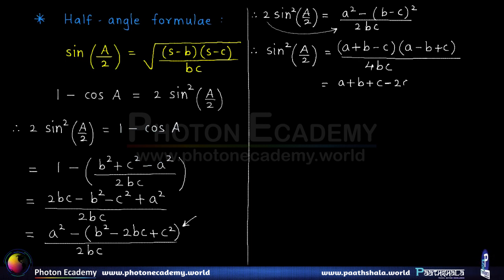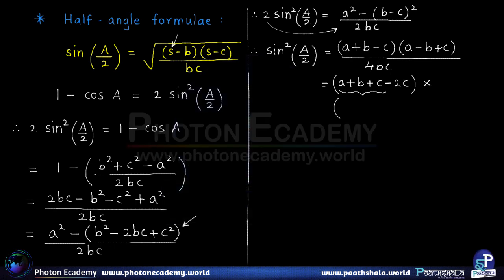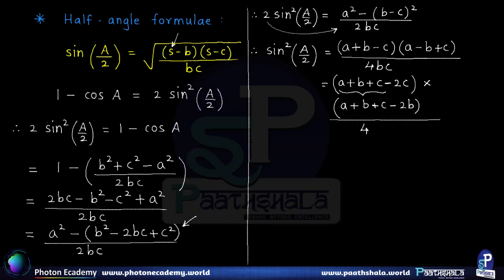Okay, the purpose behind writing this is that we want to achieve a plus b plus c, which can be replaced by 2s, because here we have to somehow bring in the term s. Similarly, the second bracket we can write as a plus b plus c minus 2b, in a similar manner, whole divided by 4bc.